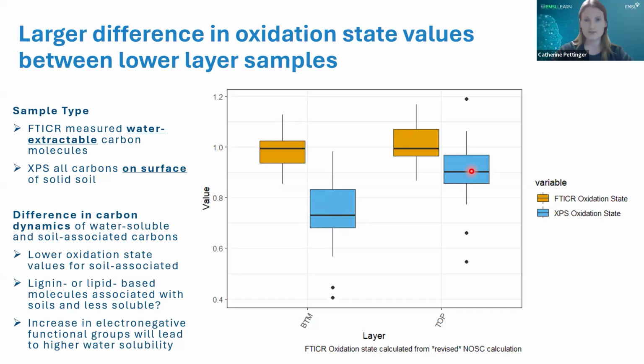Again, this is as expected. This might also be indicating that our lower level samples have more of those carbon-carbon, carbon-hydrogen bonds, which would be indicative of more lignin-like structures or lipids, which are also less soluble, which might explain the discrepancy between some of the FTICR and the XPS data.